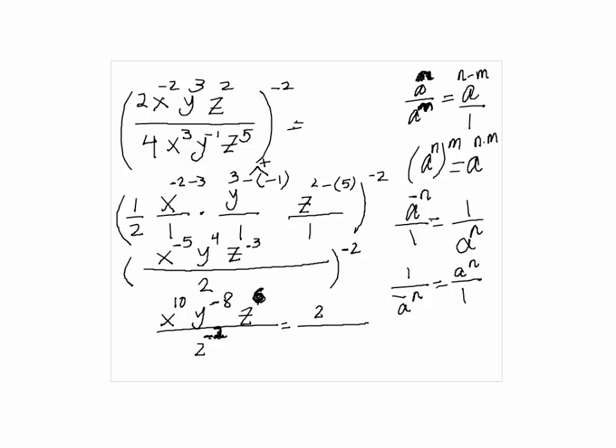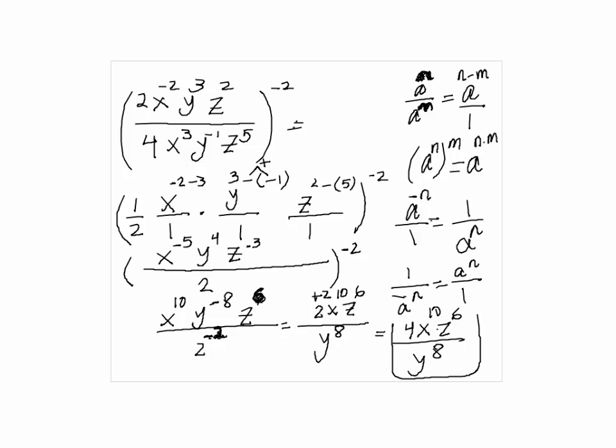So we get 2 to the power of plus 2, which is the top of the fraction here. x to the power of 10 stays at the top, because I already have a positive exponent. z to the power of 6 stays at the top of the fraction. And y to the power of -8 goes to the bottom of the fraction, becomes y to the power of plus 8. So we get 4 x to the power of 10, z to the power of 6 over y to the power of 8.